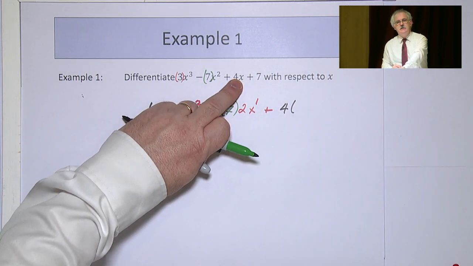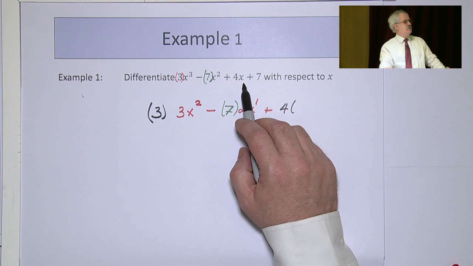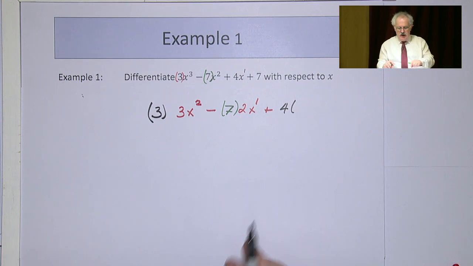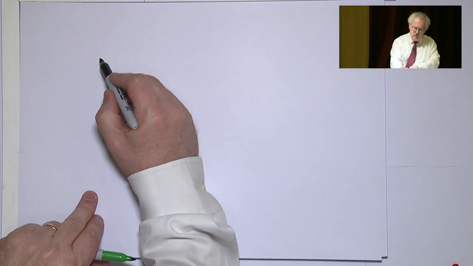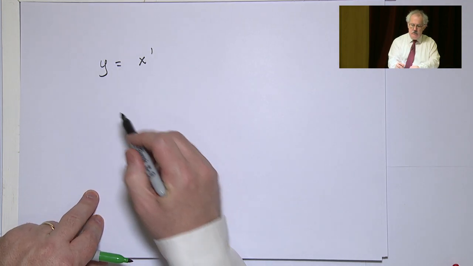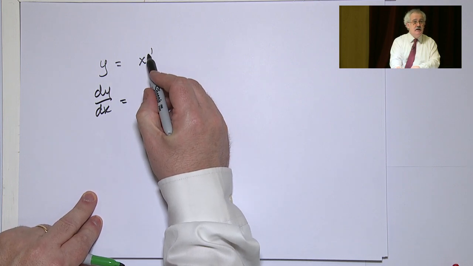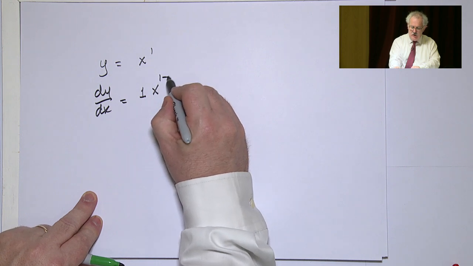What about the x here? What's another way of writing that x? x to the power of 1, isn't it? So if we had, just taking a side for a moment, y equal to x to the 1, what would dy dx be? The rule says, take down the number 1, x, 1 minus 1.